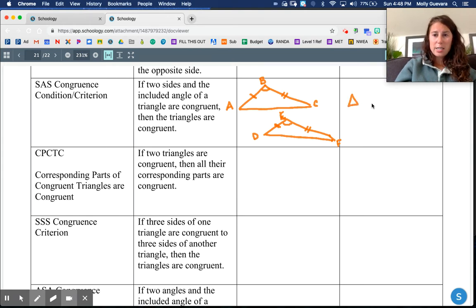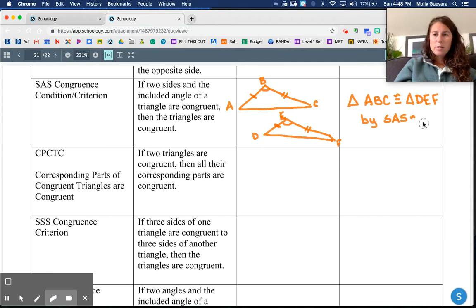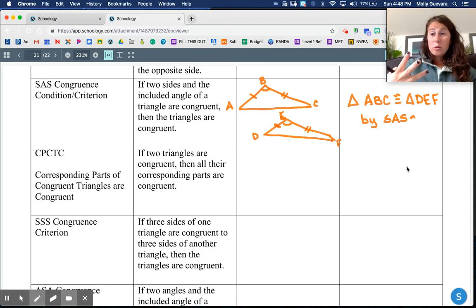So now I can say that triangle ABC is congruent to triangle DEF by side angle side condition. All that means is I know two sides are the same.